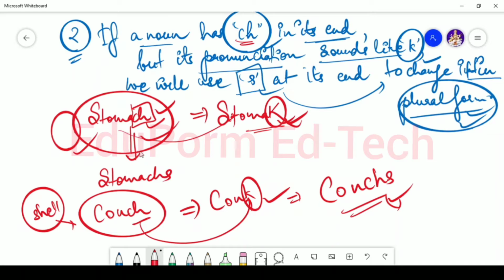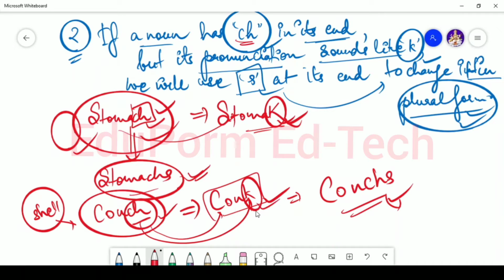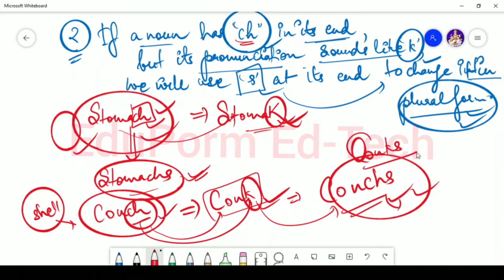Okay, so the use of S will be done in the end of stomach and it will become stomachs. Okay, again conch, that has a spelling of C-O-N-C-H. Okay, it does have CH at its end, but it sounds like K. Okay, you pronounce it in the form of conk. Although you are just going to add S in its original form. Got it?